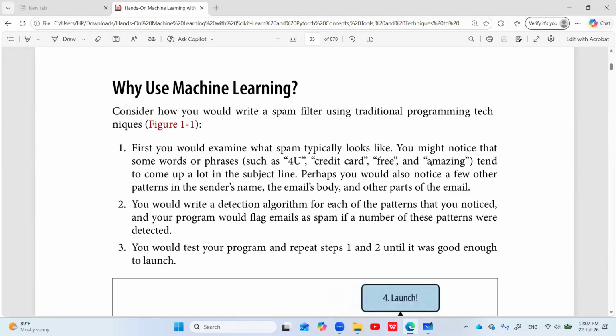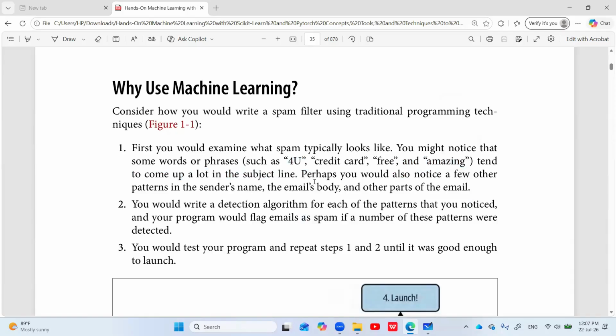And "amazing", in a more non-realistic way, amazing, wonderful, like that. They tend to come up a lot in the subject line, in order to attract the user, right?